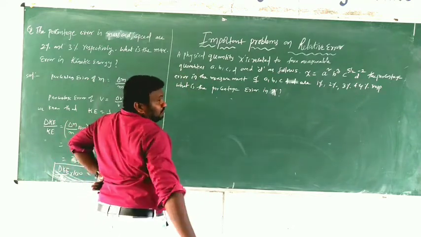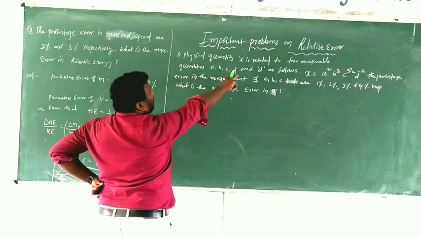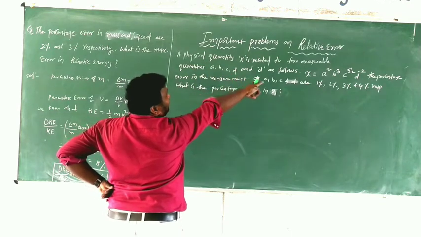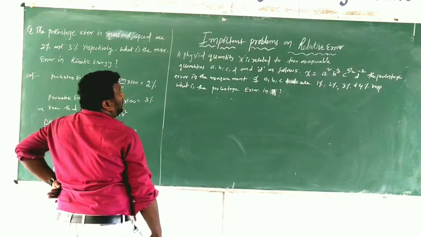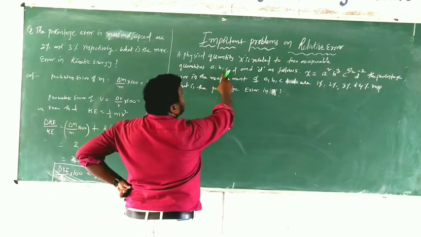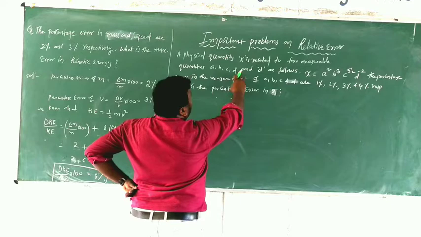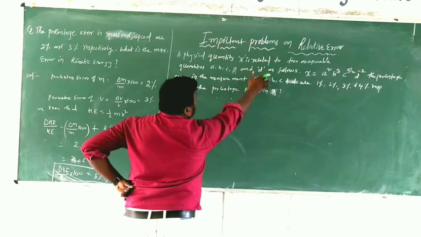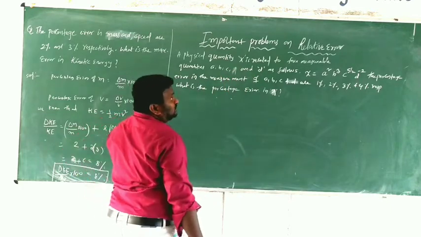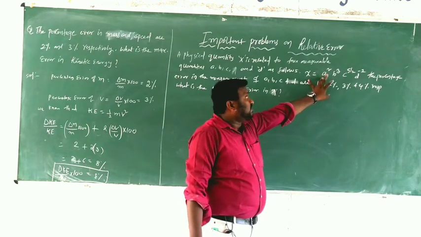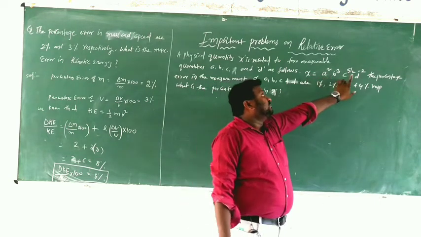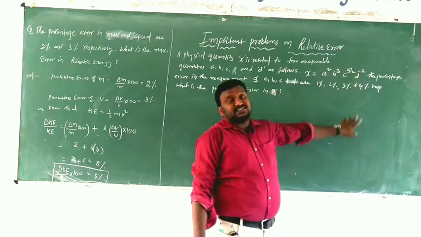Look at the board. A physical quantity X is related to the 4 measurable quantities A, B, C, and D as follows. What is the function here? X is equal to A square, B cube, C to the power of 5 by 2, and D to the power of minus 2.